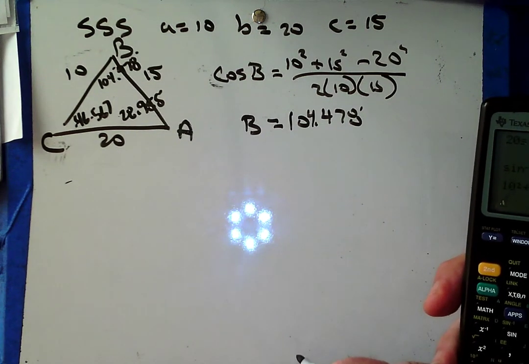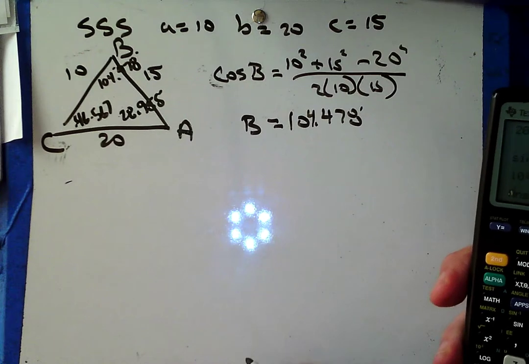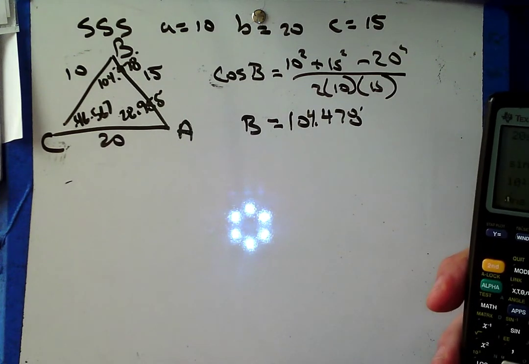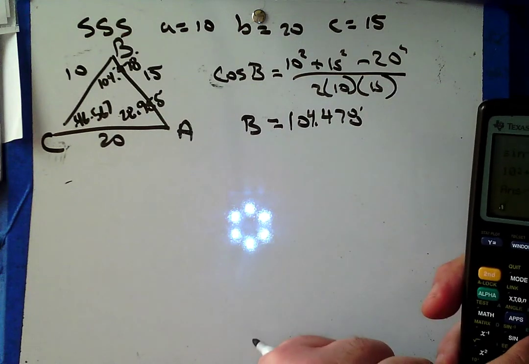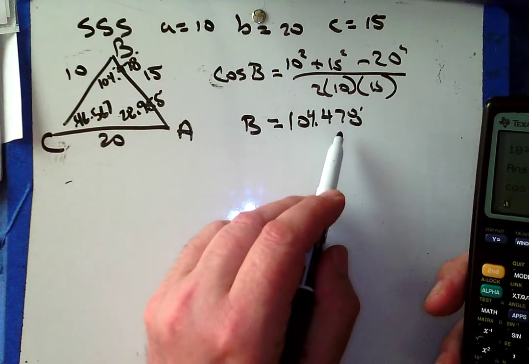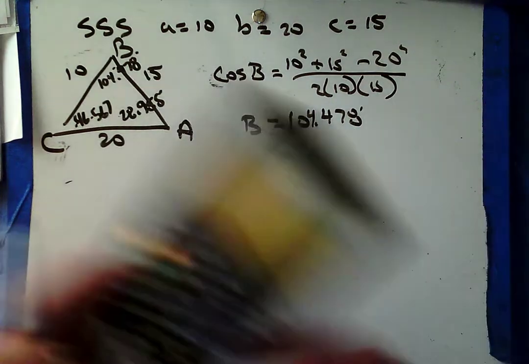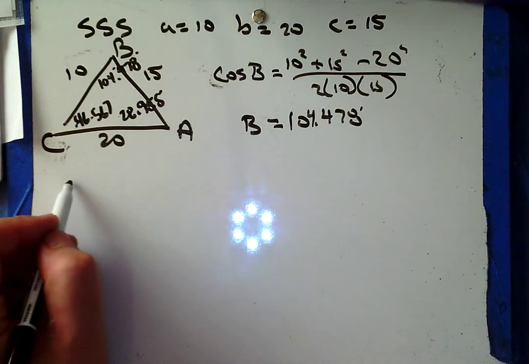And then don't forget to divide that negative 75 by 2 times 10 times 15. Remember, parentheses around everything on top and around everything on the bottom. Inverse cosine of that answer, 104.4775. Yes, 104.478.